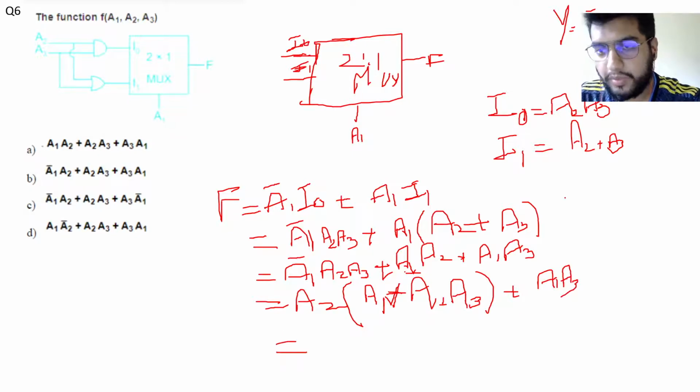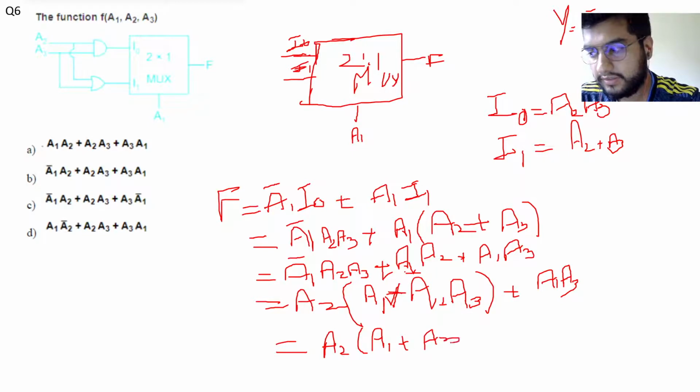We know this property, A plus A bar B is simply A plus B. Here A is A1 and B is A3, so this is A2 times (A1 plus A3), and the final term is A1 A3.